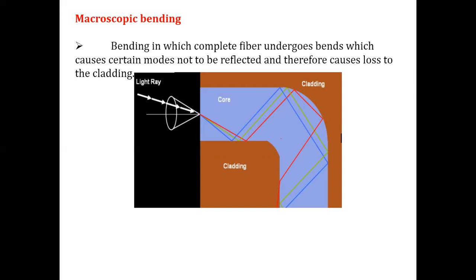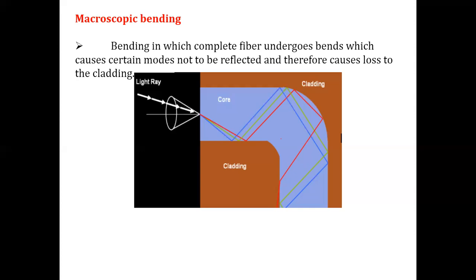So in micro bending, the signals can be coupled, but here no signal can be coupled in the macro bending. So this type of bending causes some losses. That type of losses is represented as macro bending.